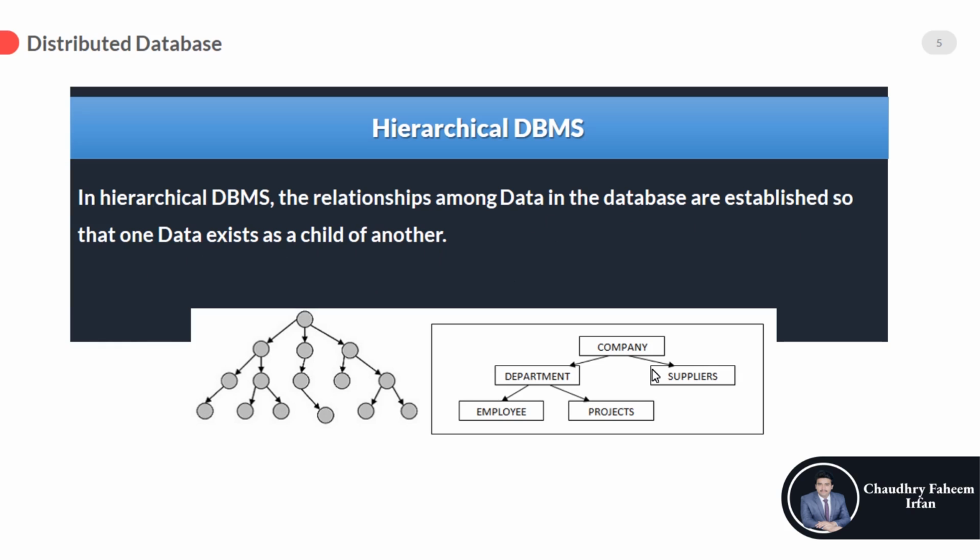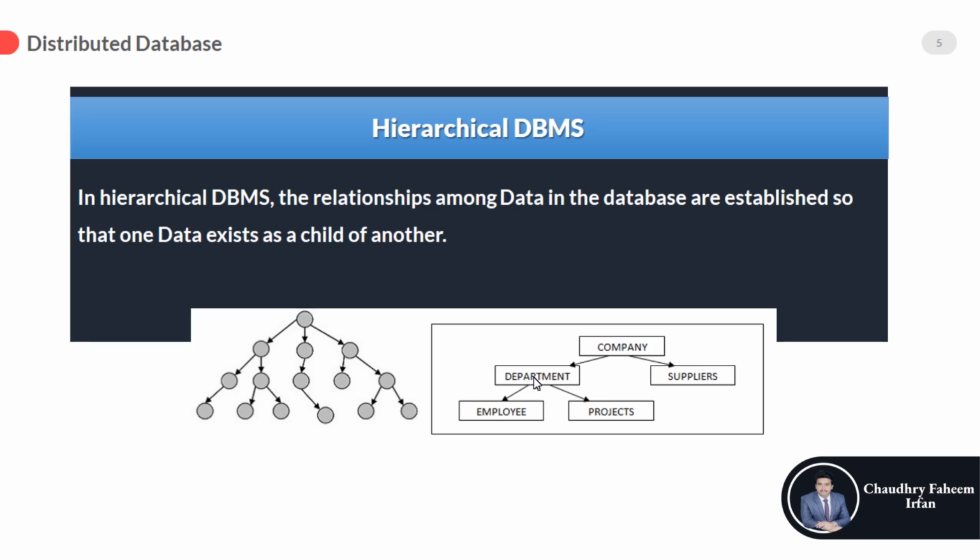For example, here is an example of Hierarchical DBMS. Company, department. So company is the parent node and department, suppliers are the child nodes.